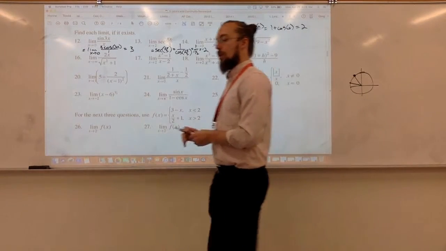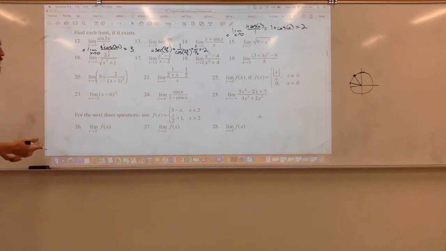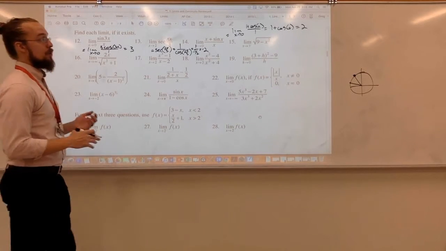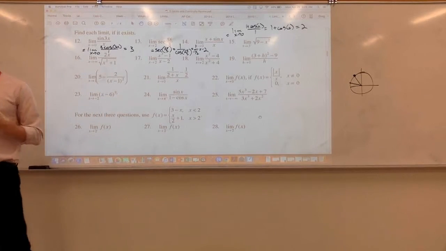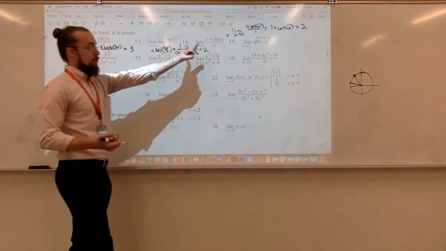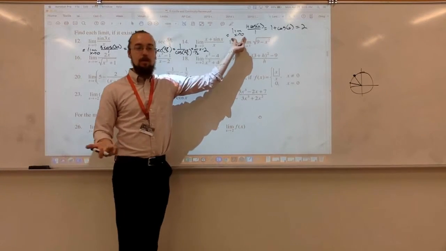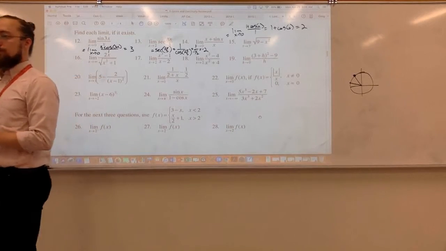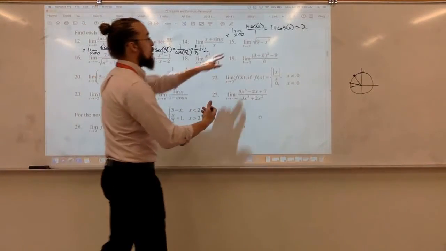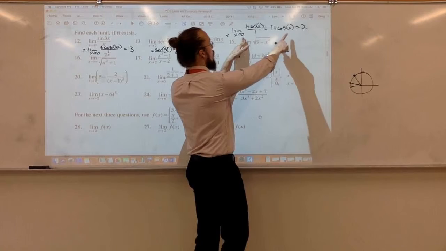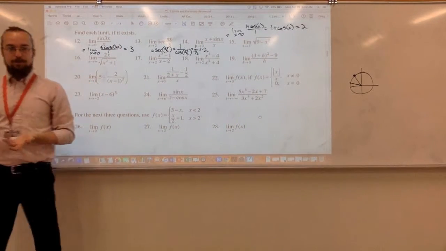One small notation idea: when we are using L'Hopital's rule and we rewrite it with the derivative over the derivative, we do need to include the limit notation when we rewrite it the first time. It's only when we plug in the value that we don't have to include the limit notation.